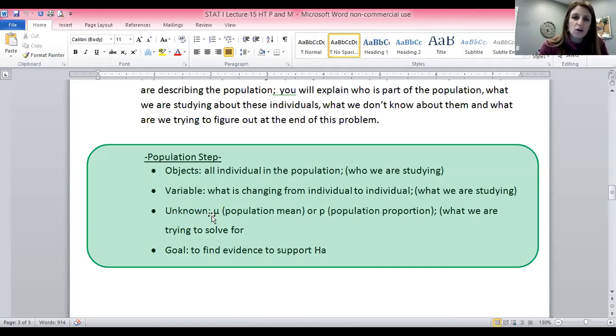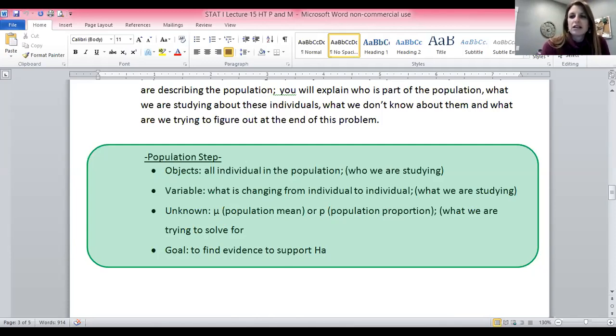So if my variable is numerical, then my unknown is my population mean, mu. If my variable is categorical, so it's more like a yes-no question, then my unknown would be P, the population proportion. So it's what we're trying to solve for in the end, okay? And then when you're looking at your unknown, you're going to define it, and I will show you when we look at the example, because I think that will be helpful.